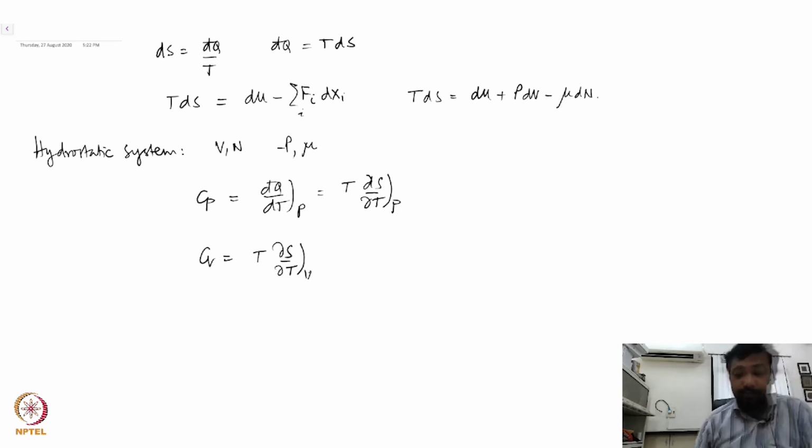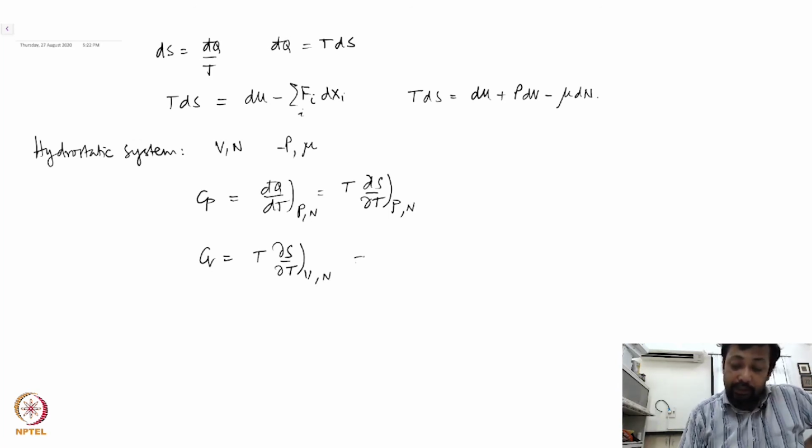So if I now want to apply this, pressure is being held constant, volume is being held constant, so we will keep N fixed also over here, and this is just del U del T at constant volume, right? It follows from the first law if you carefully take the derivative.